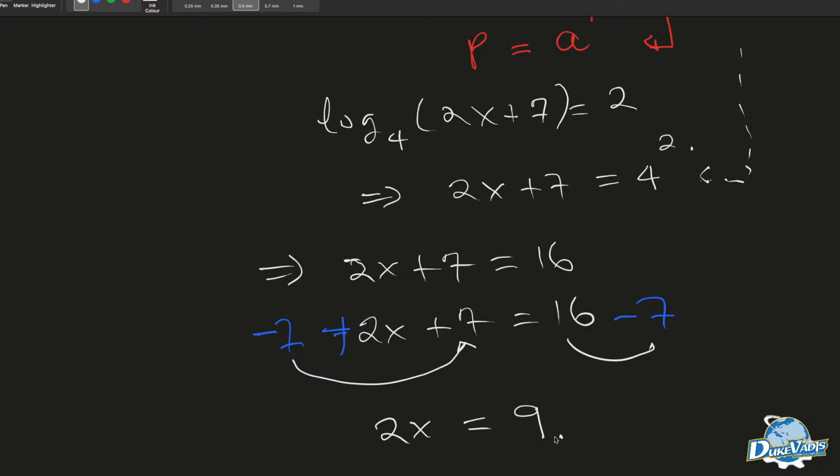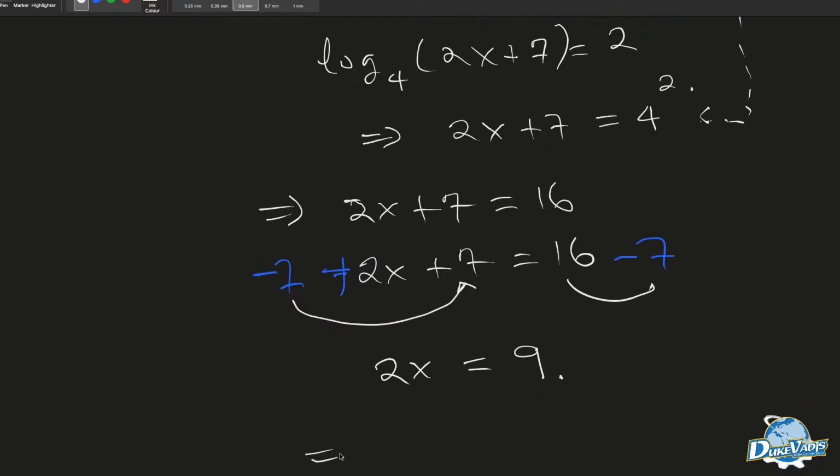So this implies that our answer to this question will be x = 9/2.